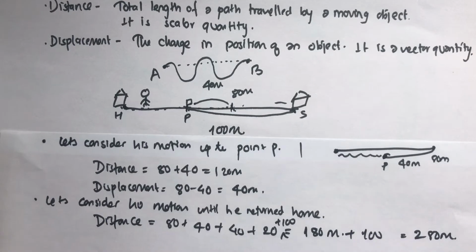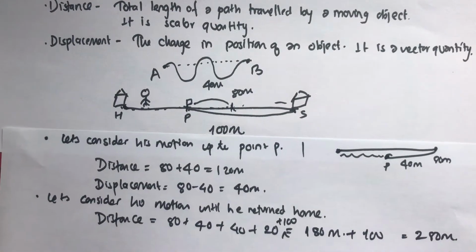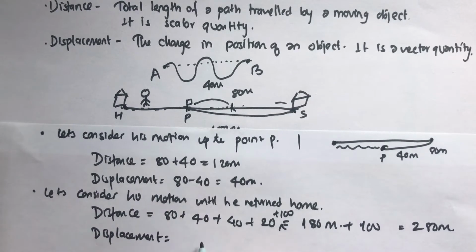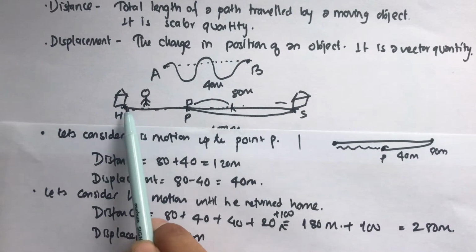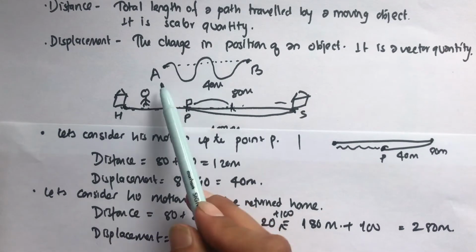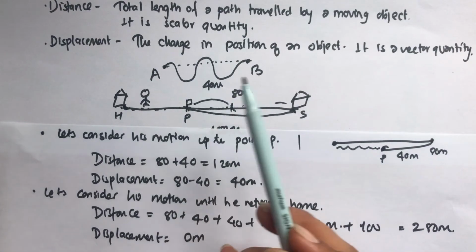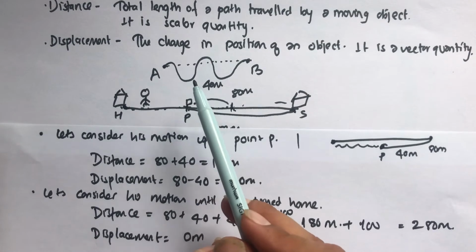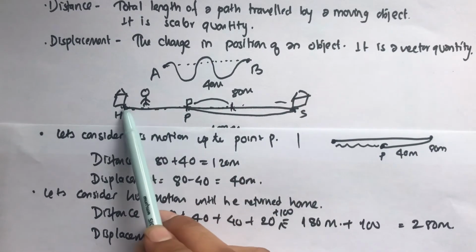So the total distance the boy traveled was 280 meters, but the displacement of the boy here is, well, figure it out, it is 0 meters, because he started from his home. He went in all sorts of directions and traveled many different places, but he returned back to his home.